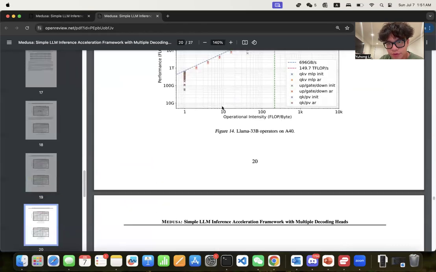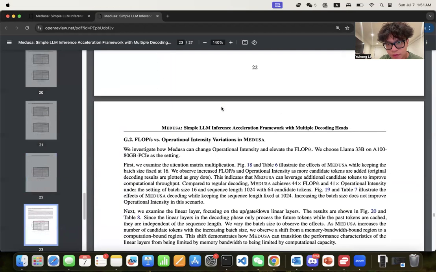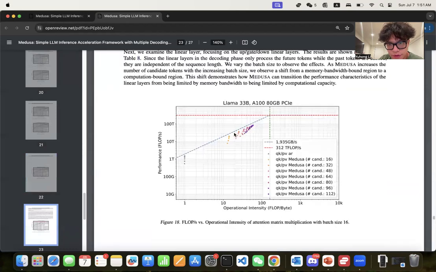For example, here is the operational intensity of the attention matrix multiplication with batch size 16. This is like how many candidates or how many nodes on the tree we have, right? Draft tokens, candidates, it's the same term.